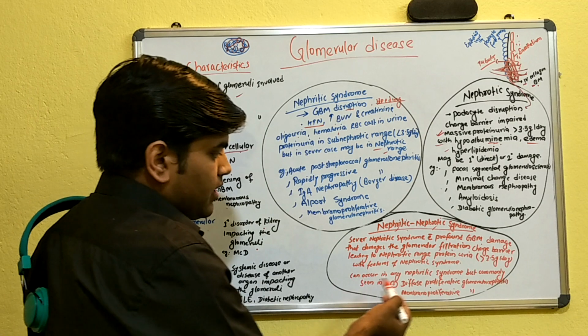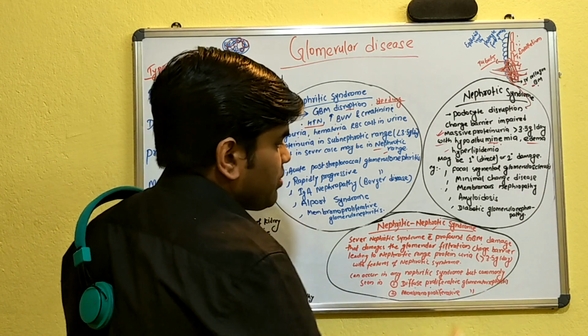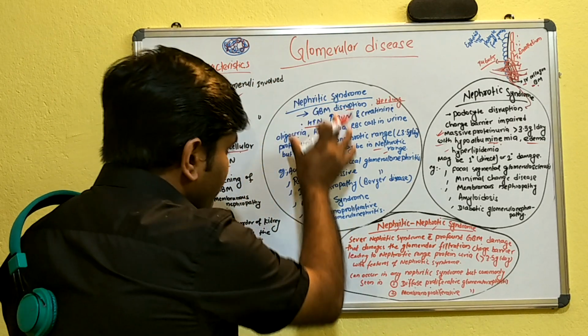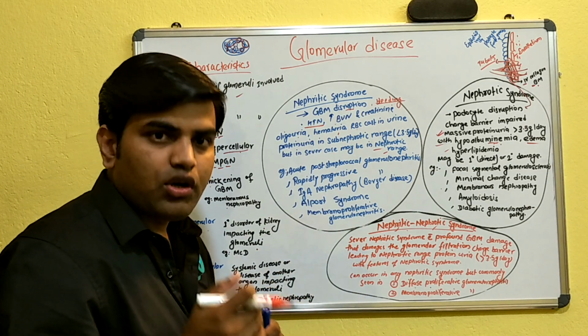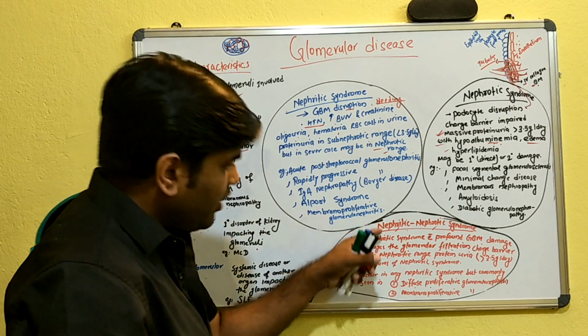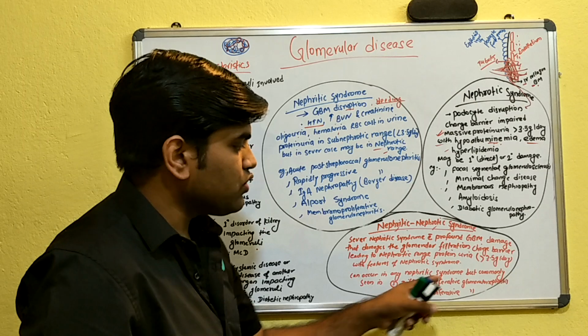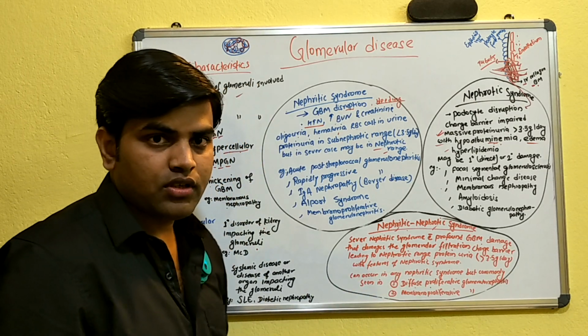The classical examples of this nephritic-nephrotic syndrome are diffuse proliferative glomerulonephritis and membranoproliferative glomerulonephritis. In a nutshell, all causes of nephritic syndrome can lead to nephrotic syndrome in severe cases, but the most common nephritic syndrome causes that lead to nephrotic syndrome are these two: diffuse proliferative glomerulonephritis and membranoproliferative glomerulonephritis.